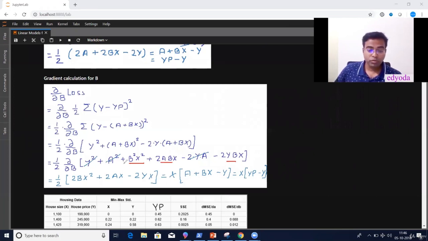On doing ∂/∂b of this, 2bx square, by the power rule, 2ax, 2yx, right? That was all. Getting rid of the 2 part, and we took x out: a plus bx minus y. Again, a plus bx is yp. So that leads to ∂/∂b of loss equal to x into (yp minus y).